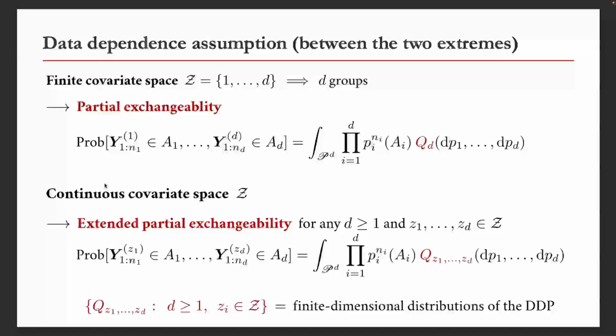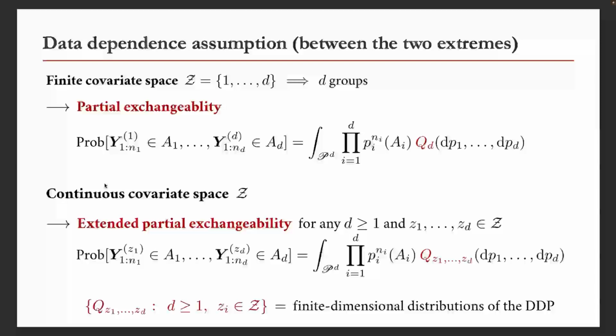I don't know how to label this. Again, the distribution of the observations has a mixture representation depending on distributions Q indexed by covariate values, which may be thought of as the finite-dimensional distributions of the DDP proposed by Steve.